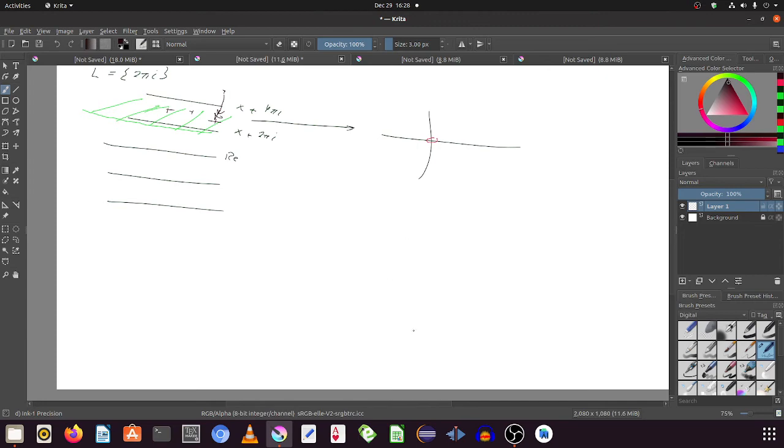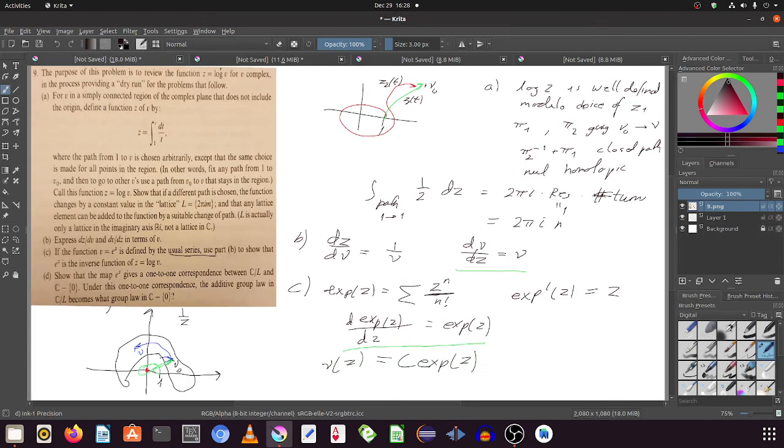So are we supposed to be using the structure? It's just a one-to-one correspondence. It's not that we should be taking any structure. Oh, it's a group law, yeah.